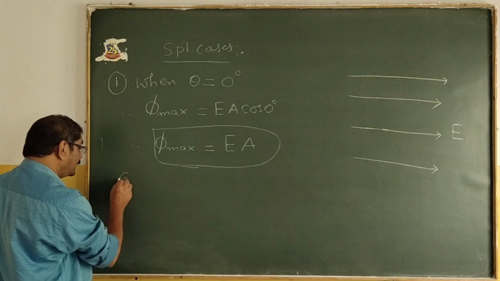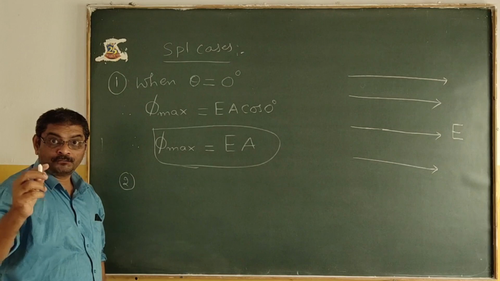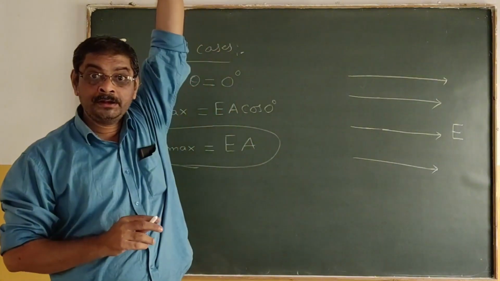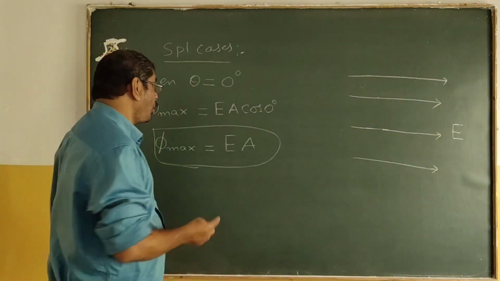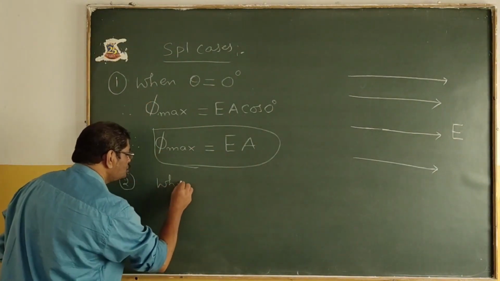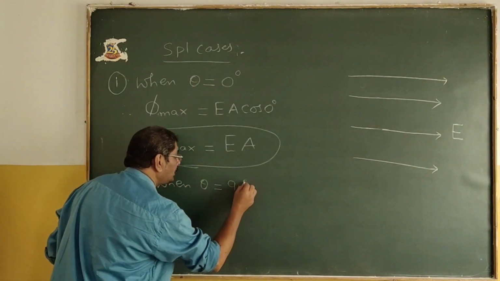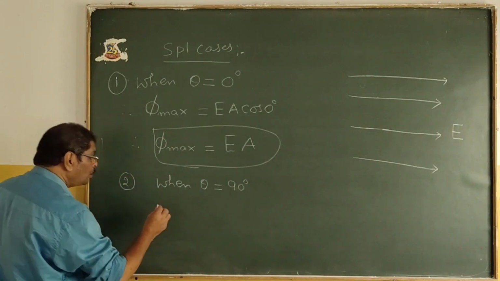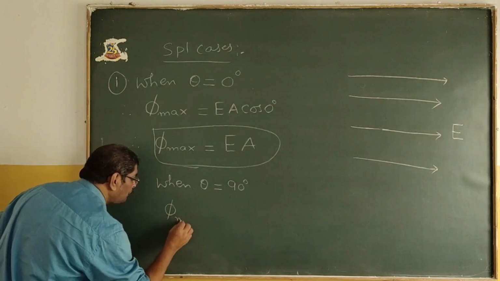Similarly, the second special case is when the electric flux will become 0. Very simple. When theta is equal to 90 degree, what will happen to the flux?